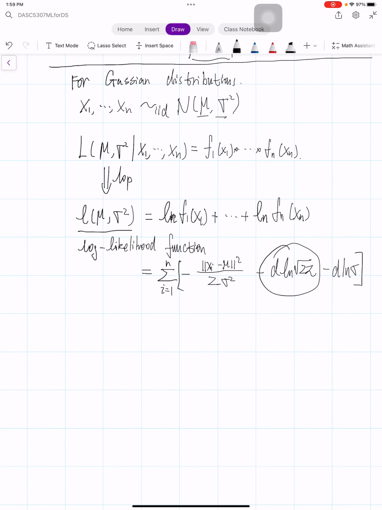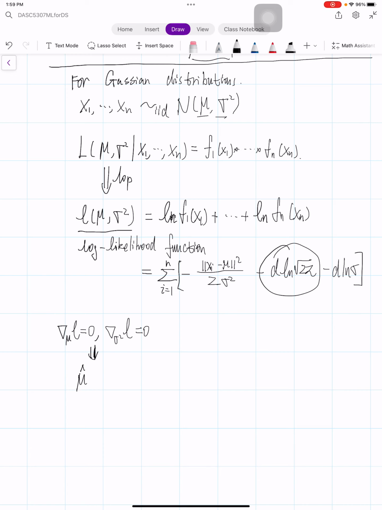We want to find the maximum value for mu and sigma square, right? So we are looking at the gradient functions. We set the gradient with respect to mu equal to 0, and set the gradient with respect to sigma square equal to 0. I will omit the derivation here and just tell you the formula.